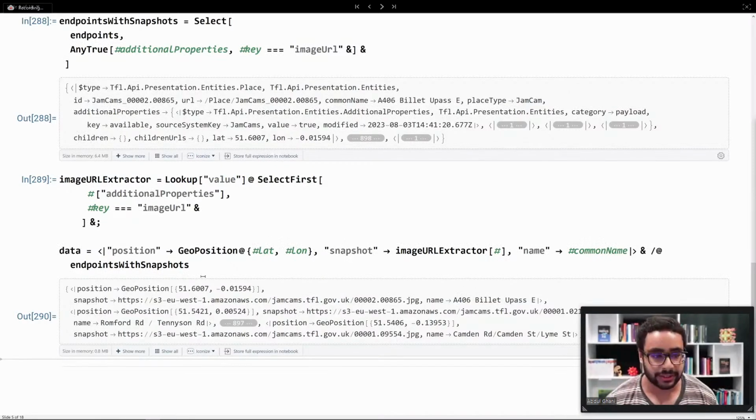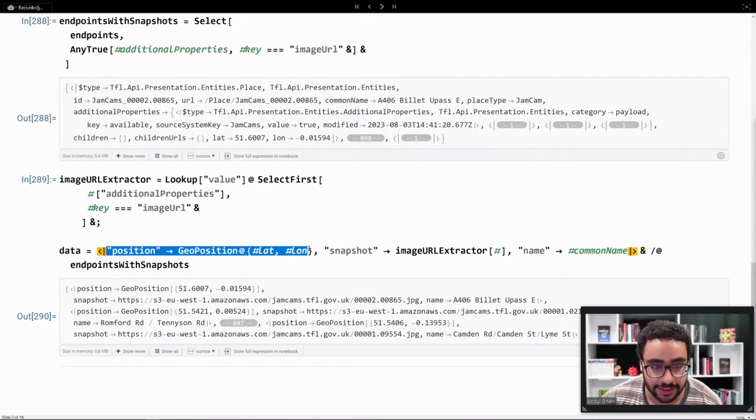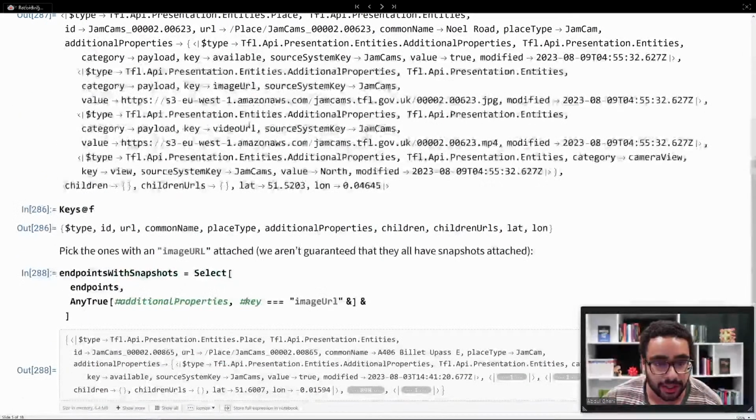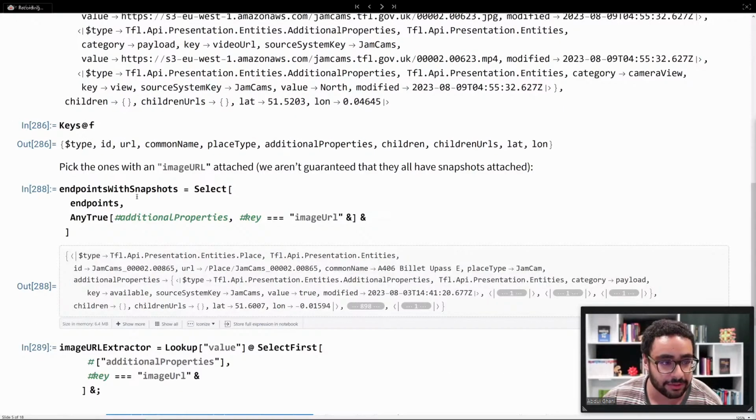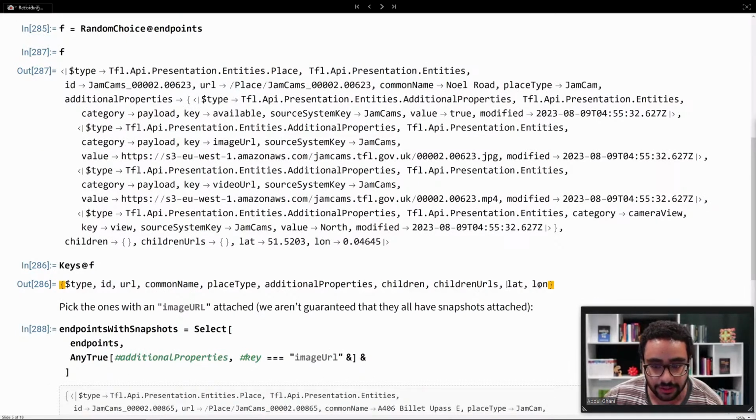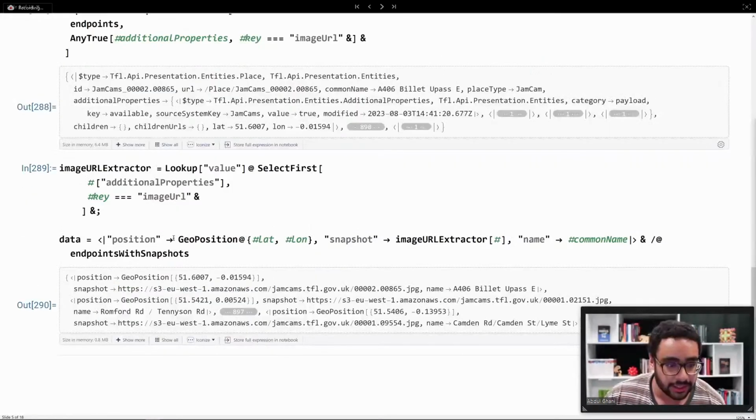Cool. And then we'll start to build our associations of data. What are we interested in? What do we need to know in order to start counting cars and solve this problem? We need the position of each camera. If we look at the keys of F, we have the latitude and longitude that gives us our position. So we take that latitude and longitude and wrap it up in GeoPosition.